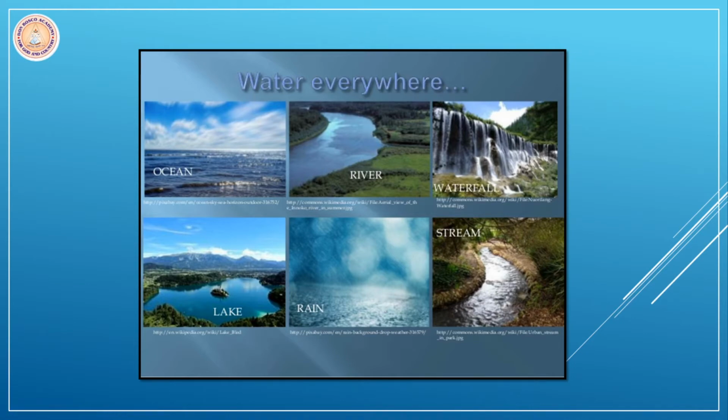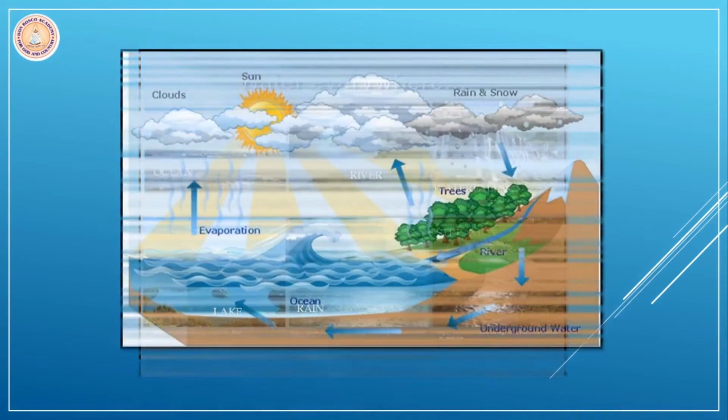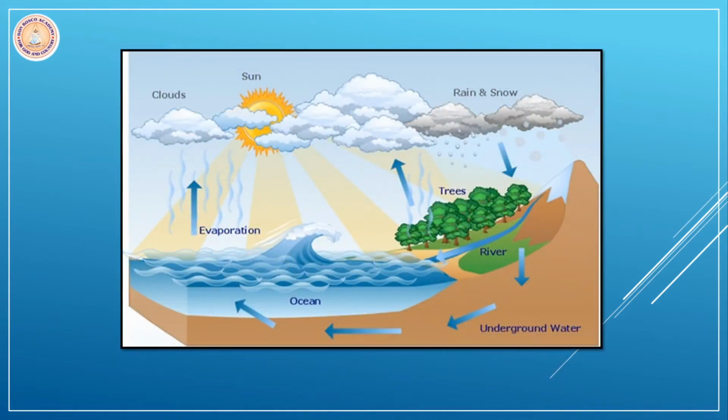Hydrosphere is one of the realms of the Earth. Atmosphere, hydrosphere, lithosphere, and biosphere are all interlinked. The term hydrosphere is generally used in comparison and contrast with the lithosphere and the atmosphere.